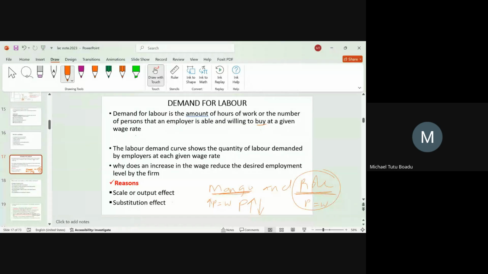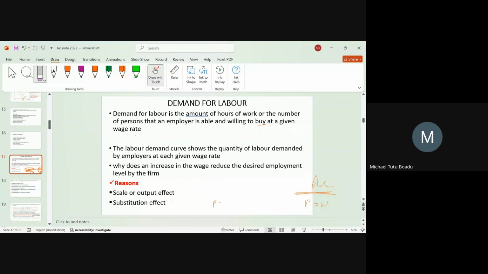Substitute means what mango can do, pineapple can also do. So I will be reducing the use of mango and increasing the use of pineapple, which means that the individuals who are supplying me the mango are going to receive less wages, or get less income, whilst the individual supplying me the pineapple will get more income.